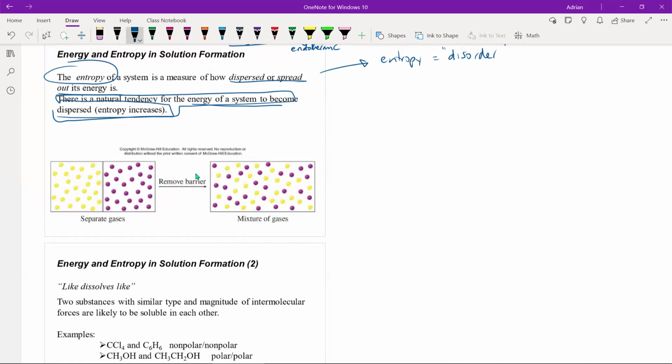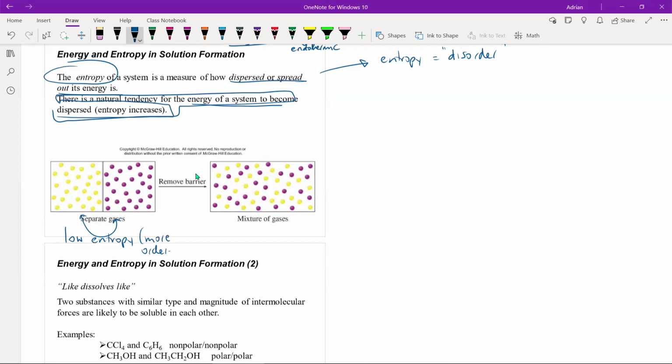It disperses the energy more than if we had them confined to these individual regions. So here we say we have low entropy, or another way of saying that is more ordered.